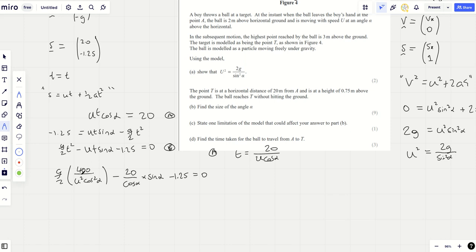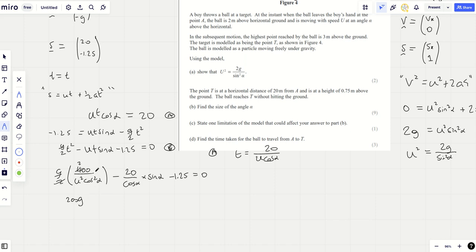Now, this is quite hard, this bit, but can you see that we've got 200g, because the 2 is going to cancel and make that 200, over, well, this is like sec squared, isn't it?